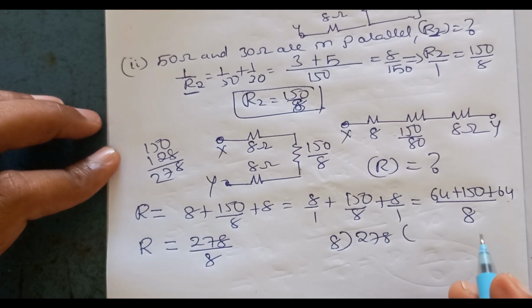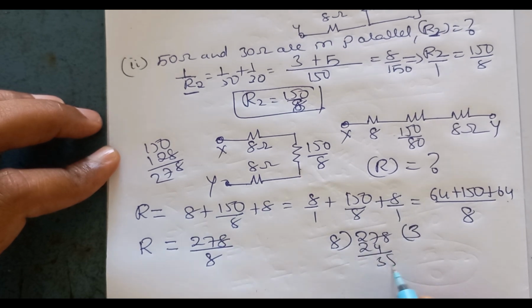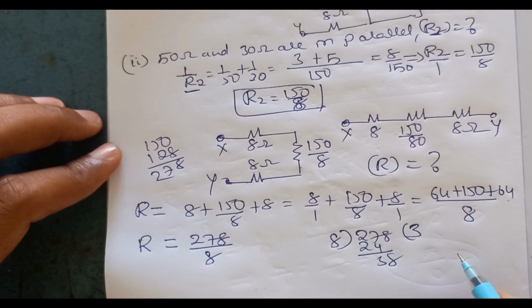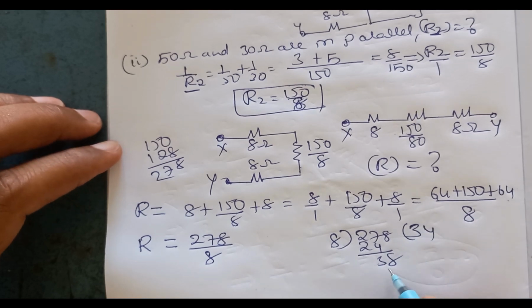Now divide 278 by 8. 8 threes are 24, 38. 8 fours are 32, and it will be 6.